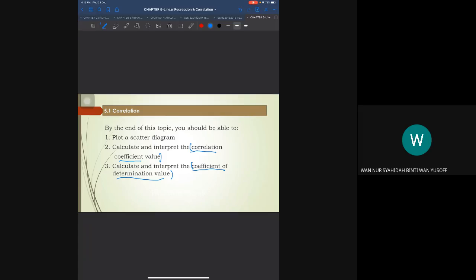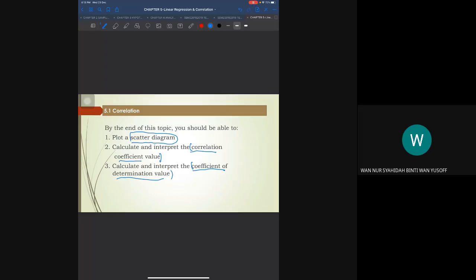Also in this subtopic, you have to plot the scatter diagram. The scatter diagram is the first step that you can do to check the relationship between variables. It is like when we construct the normal probability plot, which is the simple first step to check whether the data is normal or not.